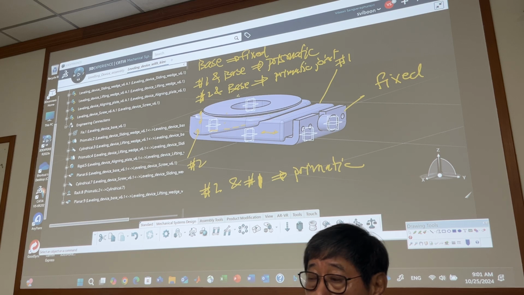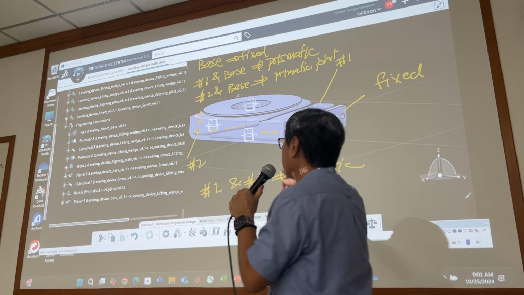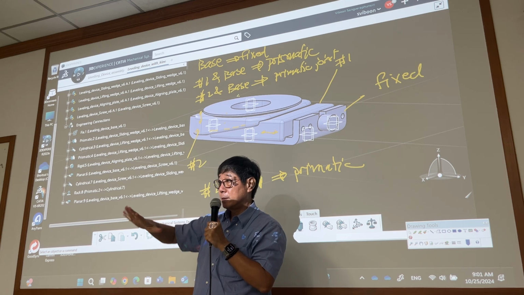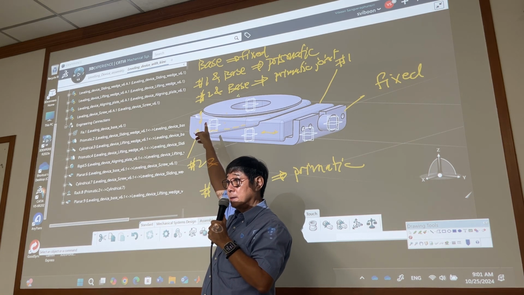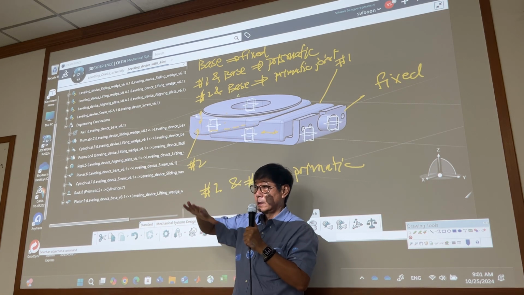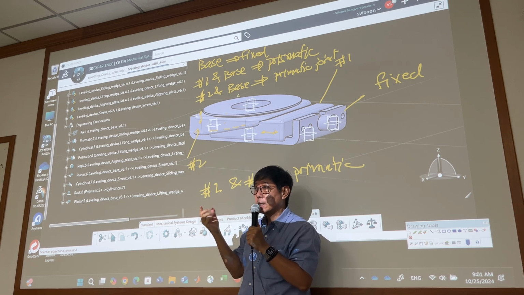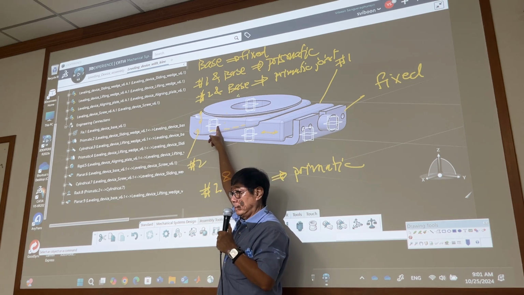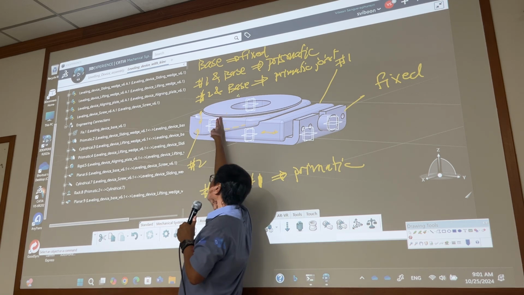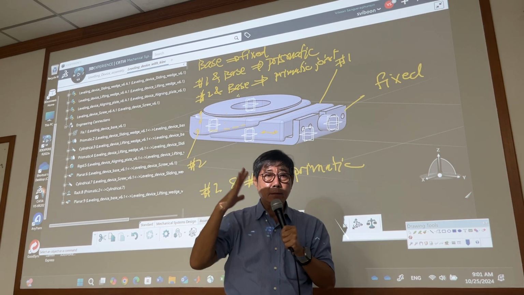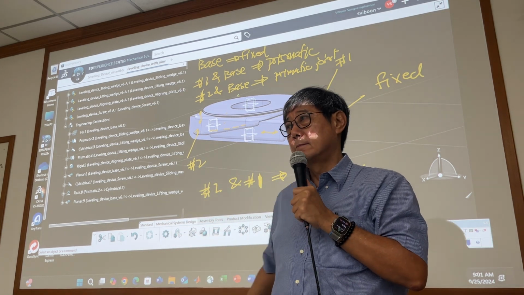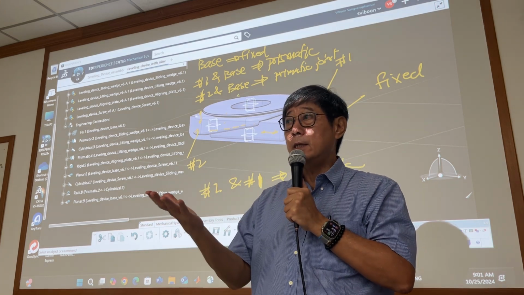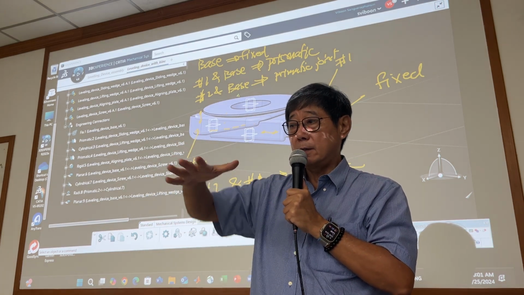In real life, this one is free to rotate. But for simulation in this case, I just want this one to be rigid with this one. In practice, this one can rotate.